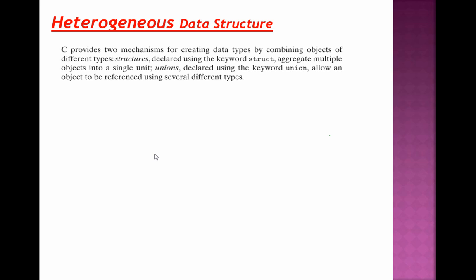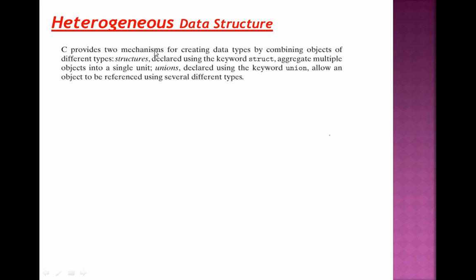Means all the data are of similar data type, that is your homogeneous data structure. Now I am going to start with heterogeneous data structure, that is how we can use different data types together. Suppose I am using int for one value, double for another value, char for another value, and long for another. So I am using multiple data types, that is your heterogeneous data structure.